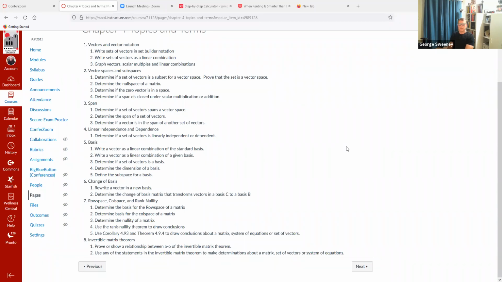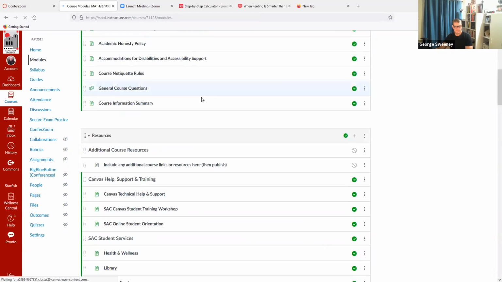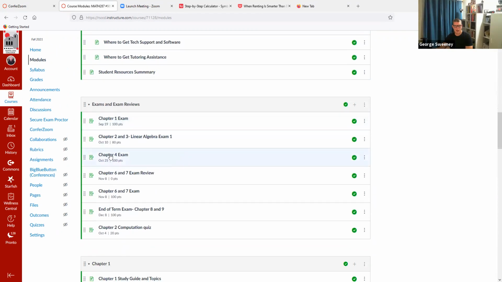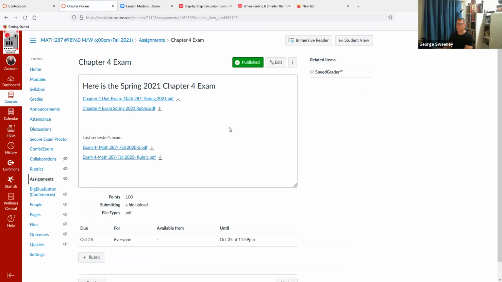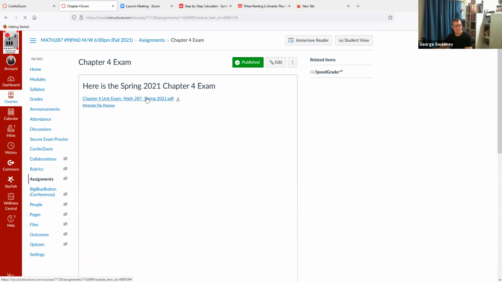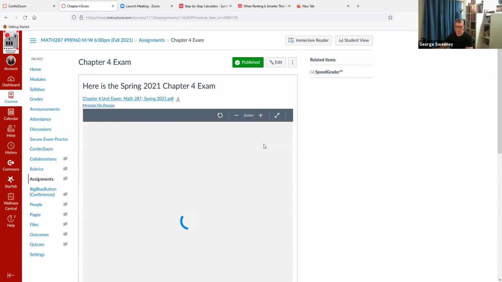Now, in addition to that, inside of the module, if you go to the chapter 4 exam page, just like in proof 4, you'll see some previous exams. And it has rubrics for each one of them.